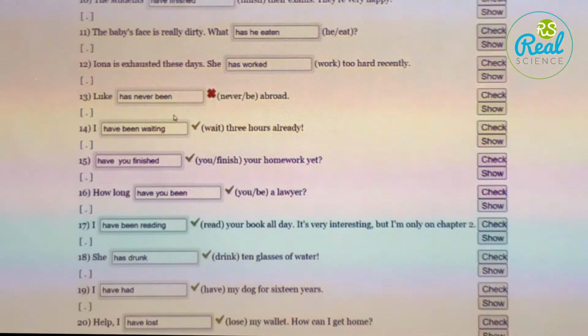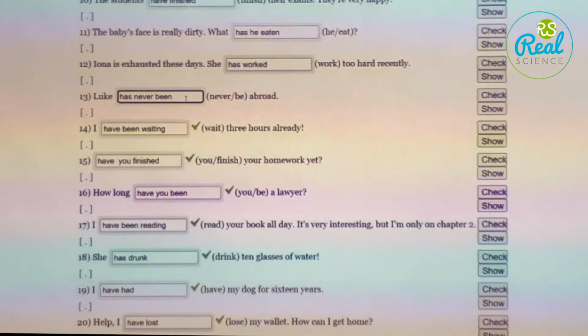Look at the 13th, guys. Luke has never been abroad. So what kind of mistakes? Never, maybe. Luke has never been to.